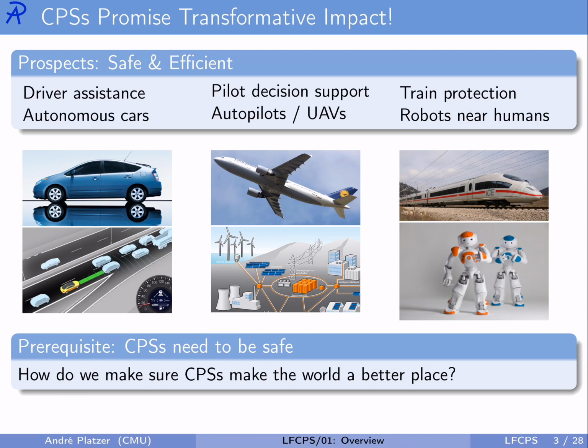For example, in driver assistance technology, as well as fully autonomous self-driving cars, pilot decision support systems, autopilots, unmanned aerial vehicles that are supposed to fly on their own for extended periods of time, or for the periods of time where the remote pilot cannot directly supervise them, train protection systems, or whatever happens when you're using robots near humans as opposed to locked away in a separate facility of an industrial setting where no humans were ever allowed to go.